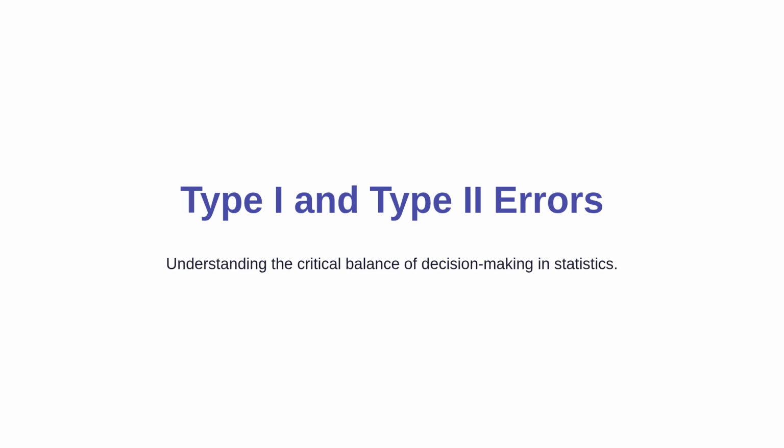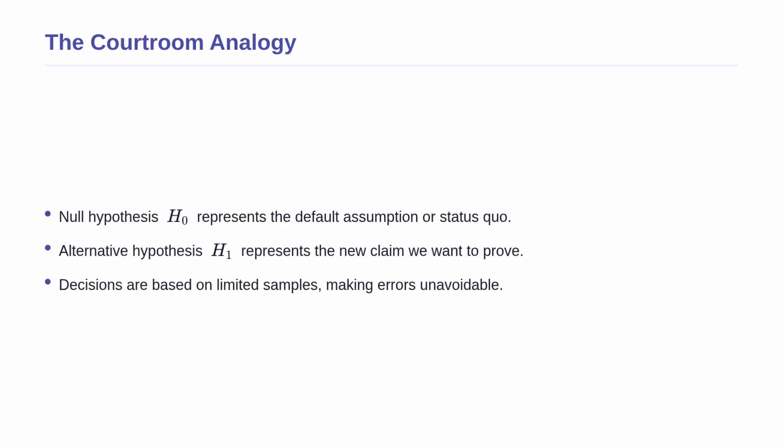Let us dive in. To understand statistical errors, we first need to understand how we set up a test. Think of a criminal trial. The law assumes a defendant is innocent until proven guilty. In statistics, this default assumption of no effect or status quo is called the null hypothesis, written as H0.